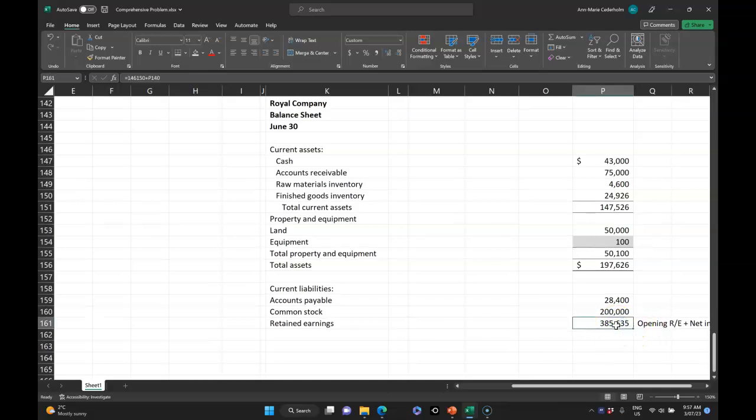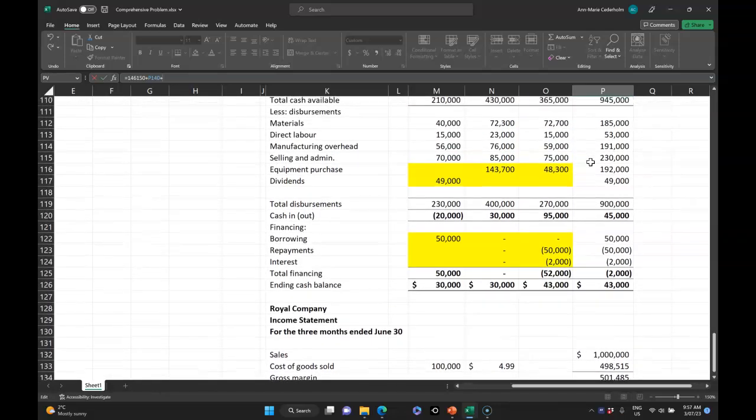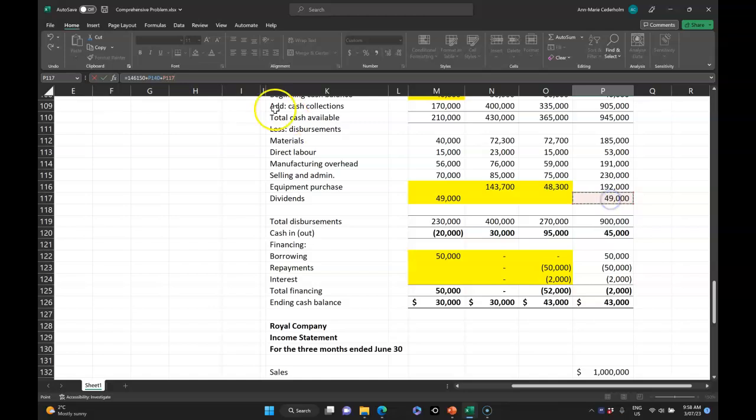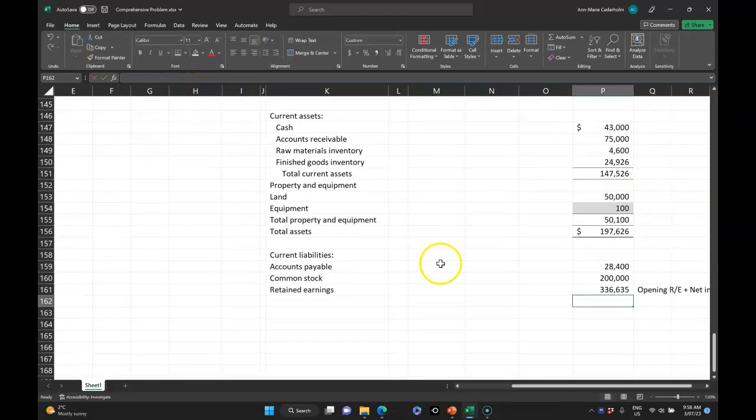And now I have to adjust out my dividends that I paid. So that comes from my cash budget. So let's just see if I paid any dividends. So yeah, I paid the 29. So let me just subtract that out. So I have opening retained earnings plus net income minus dividends gives me ending retained earnings. And then the common stock, I'm just assuming that it didn't change.